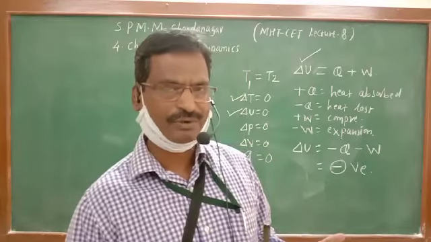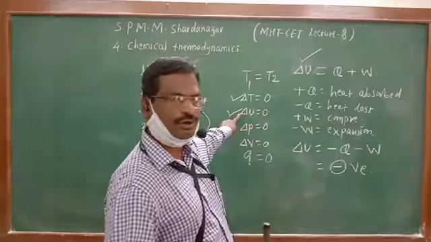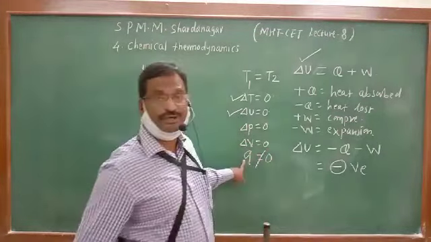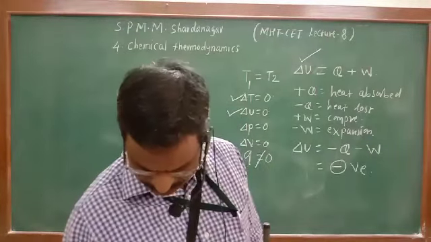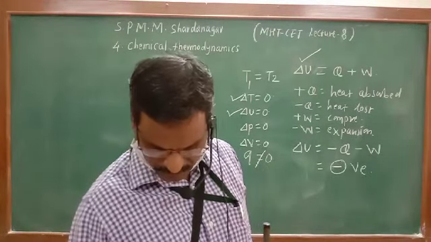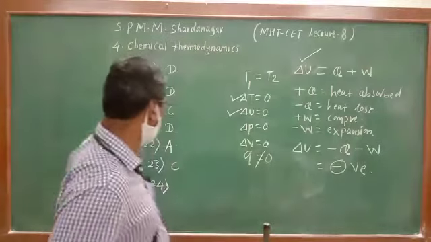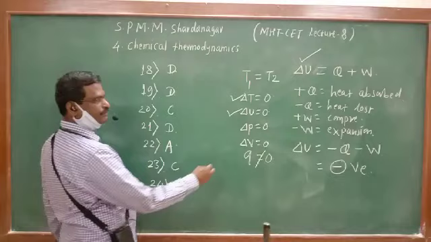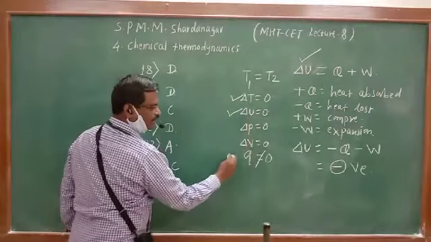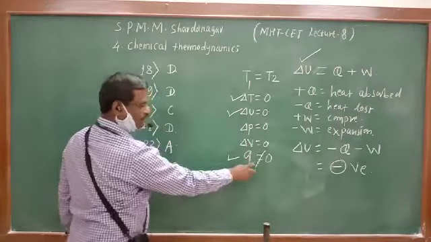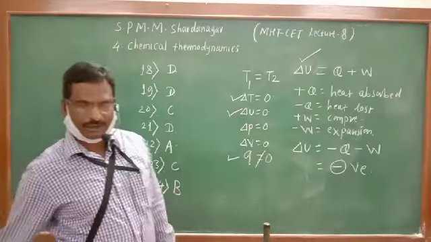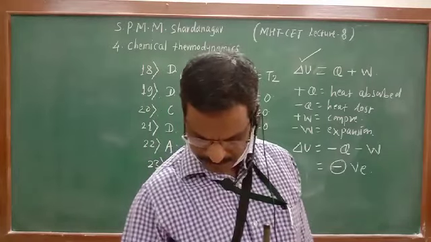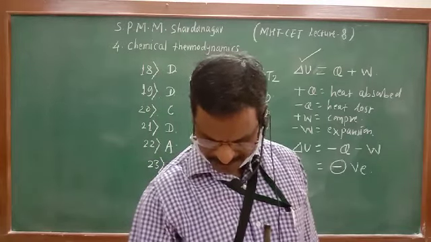Because for isothermal process only delta U is 0 but Q is not 0. So see the option. Option B, Q is not 0 and delta U is equal to 0. So B is right. For isothermal process, delta U is 0 and Q is not 0. Therefore, the second option, option B, is correctly given. Now question number 25.